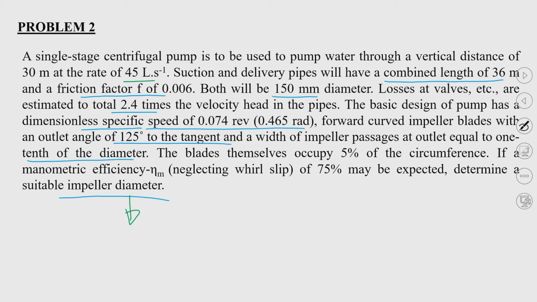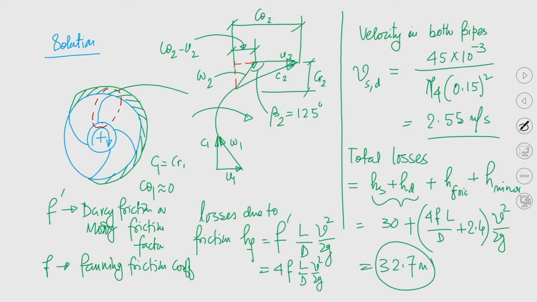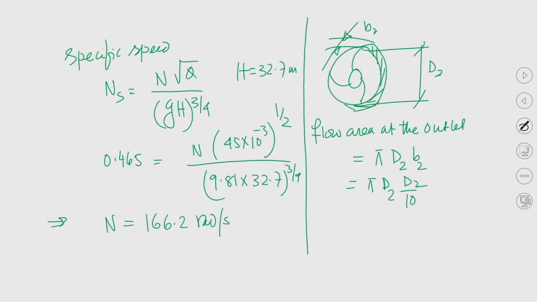And another important information is given over here is that 5% of the circumference is occupied by the blades, then actual flow area available will be 95%. So, that would be multiplied by 0.95, 100% is not available, 5% will be occupied by the blades. So, 95% is available. So, this is the actual flow area at the outlet, fine, good. Now, what will be flow velocity then?